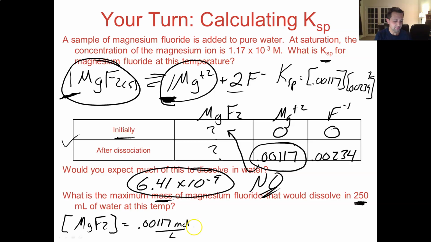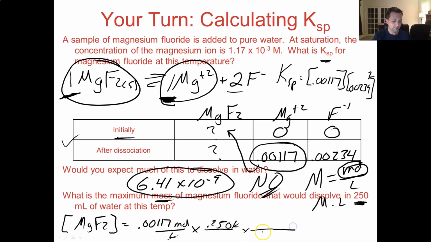Okay, so to knock this out, we want to multiply this by 0.250 liters. I'm just doing molarity times volume, right? We have our molarity is moles per liter equation. I want to solve for moles, so it's just molarity times my volume in liters. I'm just factor labeling it so it looks really nice. Then I want to cancel out moles and go to grams.